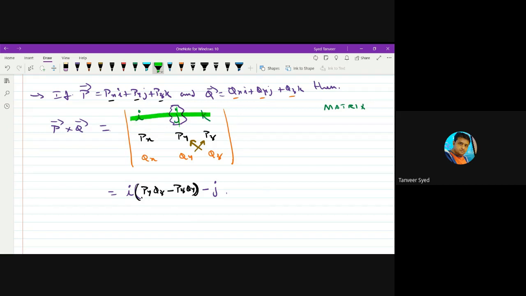Close this row, close this column. You see only px, qx, pz, qz. Now do the same thing. Cross multiply: px qz first, minus pz qx.